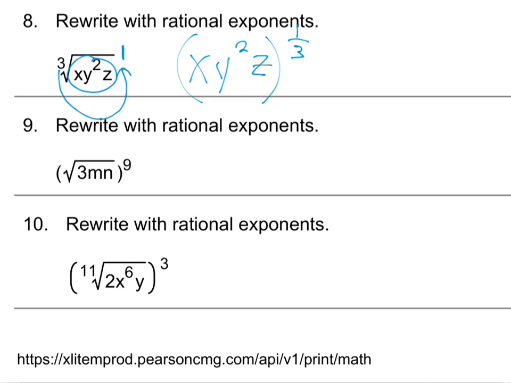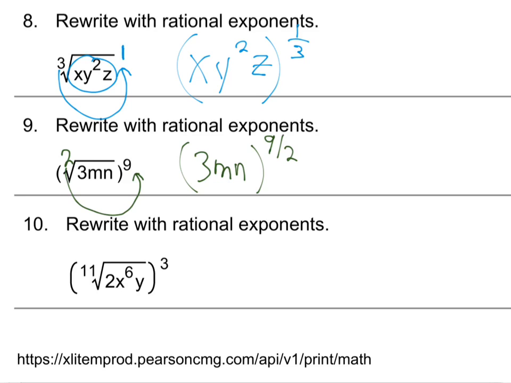All right, so what's in the hook on number 9? 2 swings around. So 3mn to the power 9/2. Is that okay? So the whole 3mn is raised to the 9/2 power.